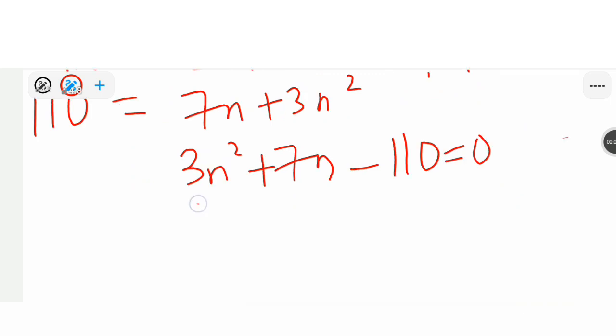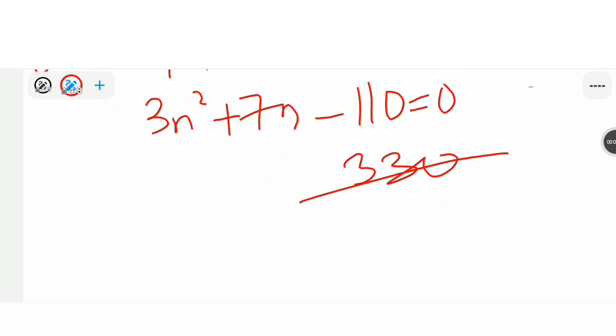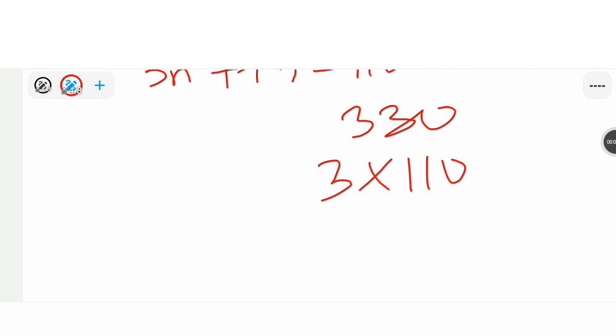Before you start, first multiply this 3 and 110. 3 times 110 gives you 330. You need to look for two numbers that if you multiply you get 330, and if you add or subtract you get 7. So don't waste your time. Just rewrite this as 3 times 110. Then let's break down 110. If you divide 110 by 5, you get 22, which is 2 times 11, so 110 is 22 times 5.